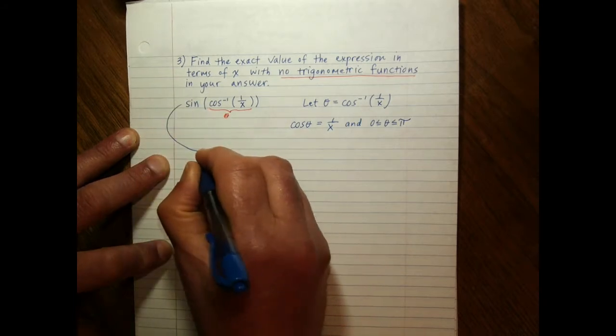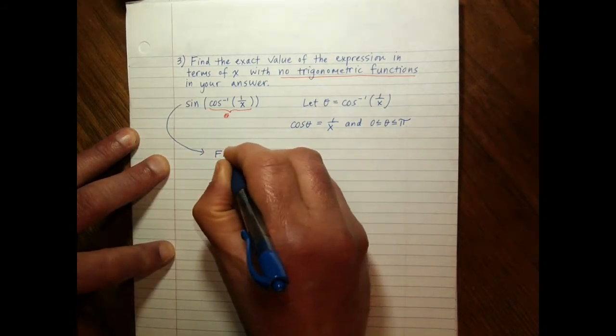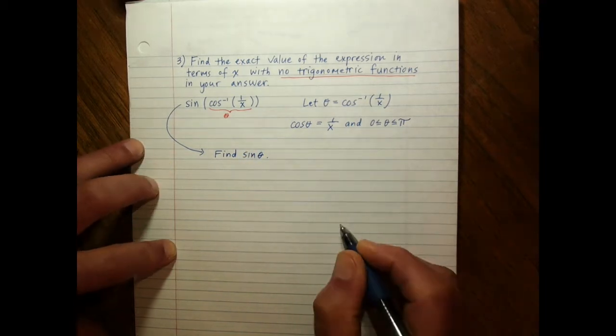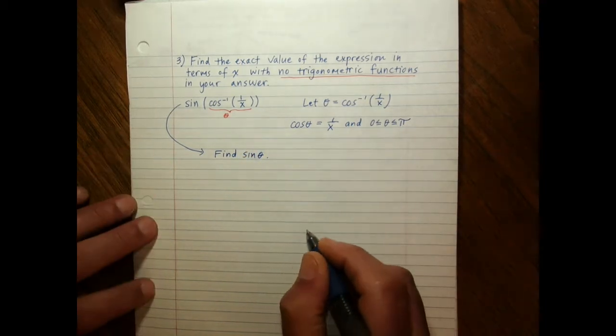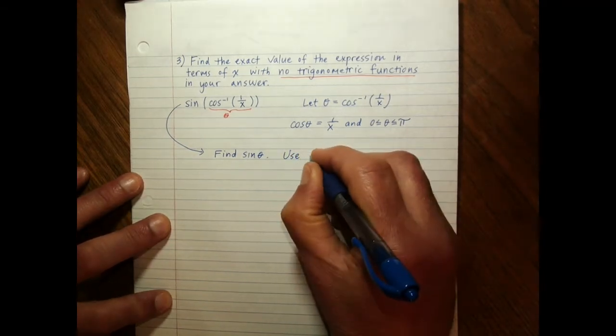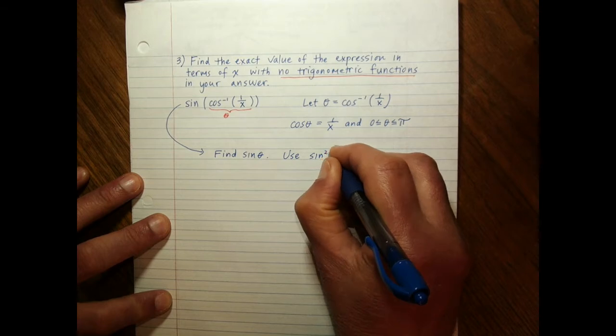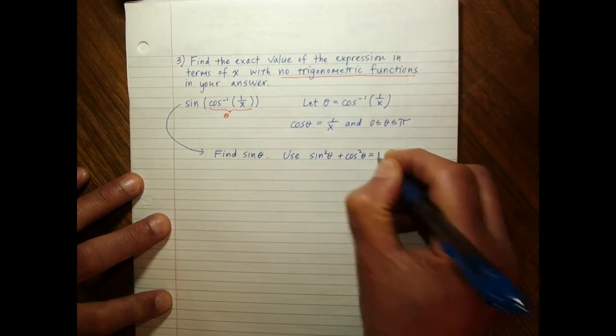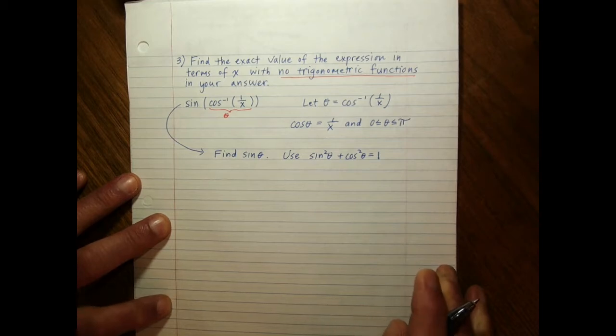And what we want to find is sine of theta. We know cosine theta. We want to find sine of theta. We're going to use sine squared theta plus cosine squared theta equals 1 once again.